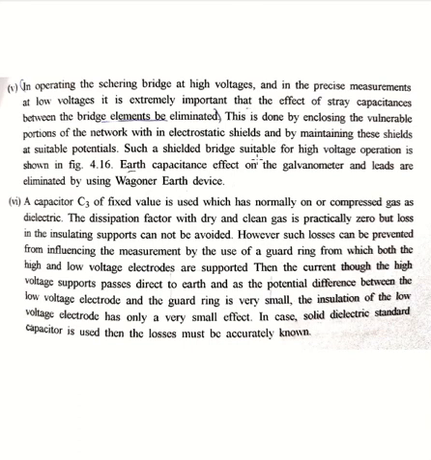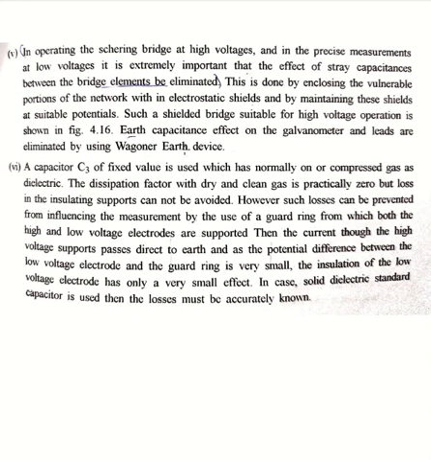Such a shielded bridge suitable for high voltage operation is shown in our figure. Earth capacitance effects of the galvanometer and the leads are eliminated by using Wagner's earth device. This is the device we will learn in our next lectures.